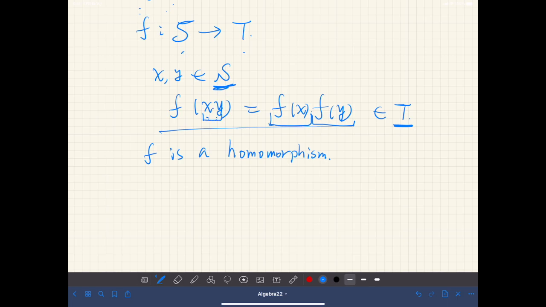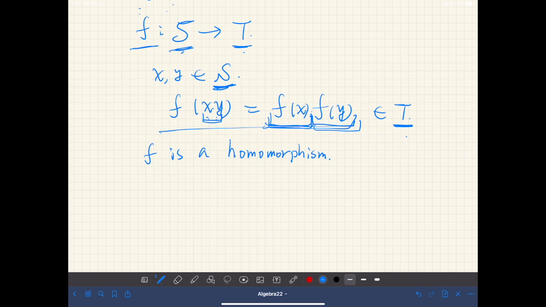One is within S, one is within T. In this sense, the multiplication in S is preserved as a multiplication in T. So this mapping preserves the structure of the semigroup S into the semigroup T.